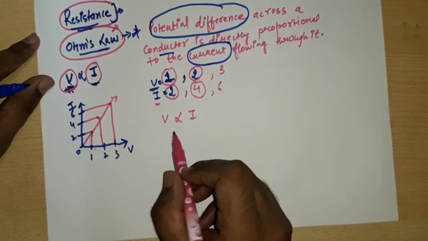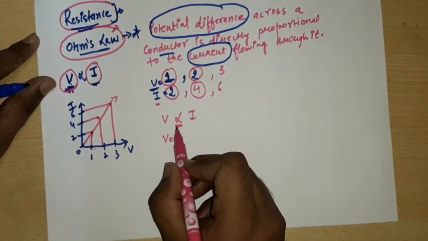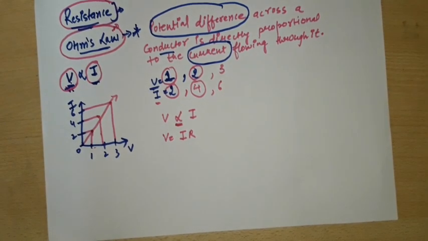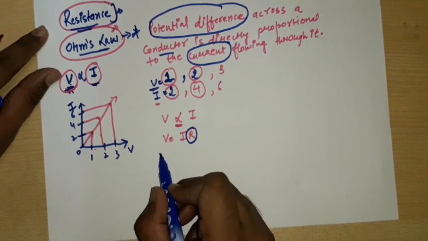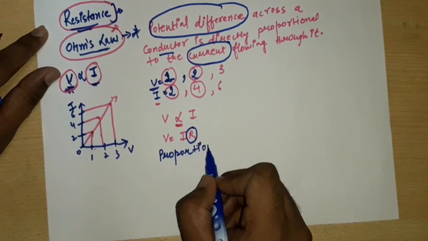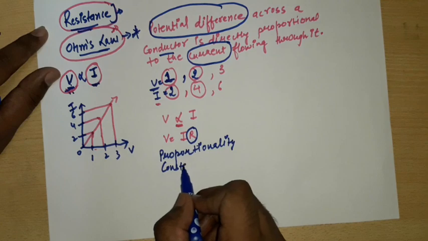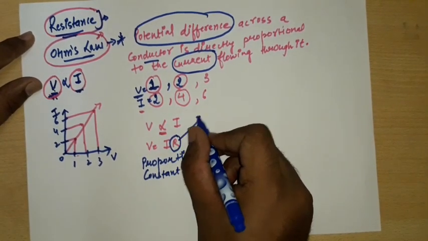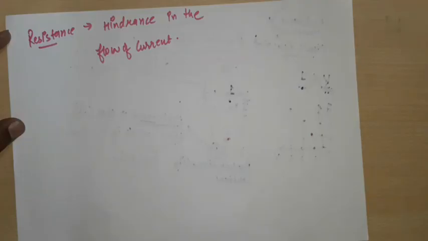Now, when we remove this proportionality, a constant comes into it, that is R. So this R is actually the proportionality constant, and it is also named resistance, which we are going to study.